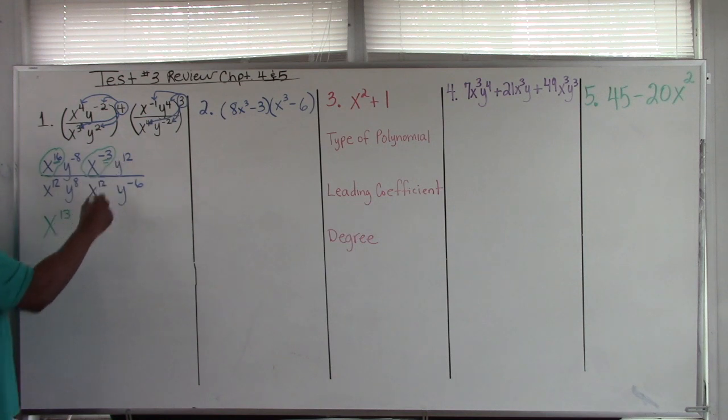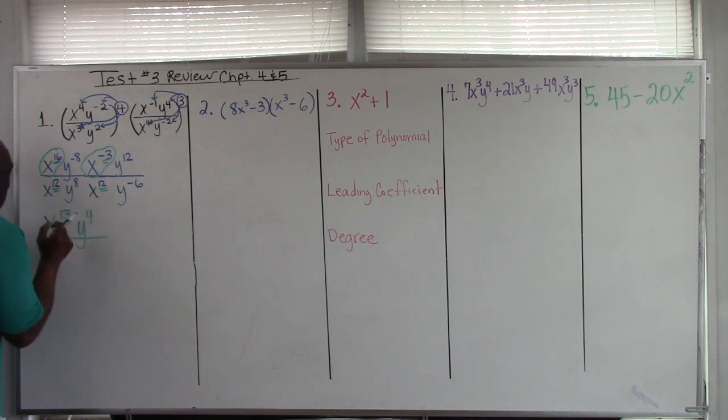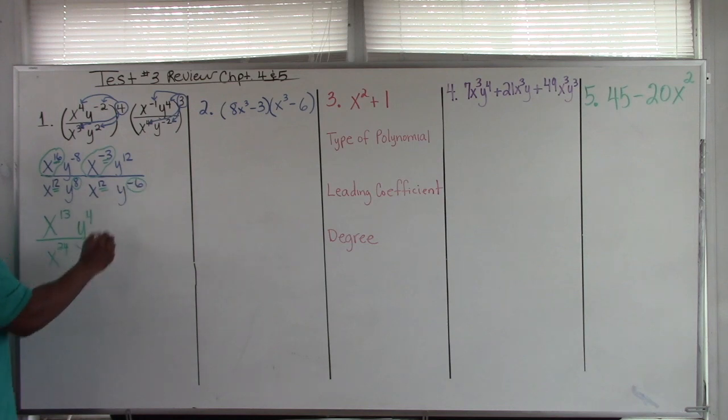Negative 8 plus 12. Y to the 4. Over, alright, 12 plus 12. X to the power of 24. And then we have 8 plus negative 6. Y to the power of positive 2.